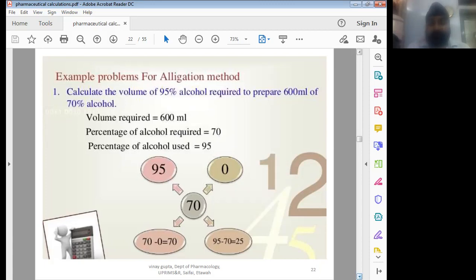So 95 on one side, 0 on the other side, and 70, which is the required percentage which we want to make, in the middle. So 95 minus 70 will give us 25 ml; 25 ml of this would be of water. Then 70 minus 0 will be 70 ml, 70 ml of 95% alcohol.